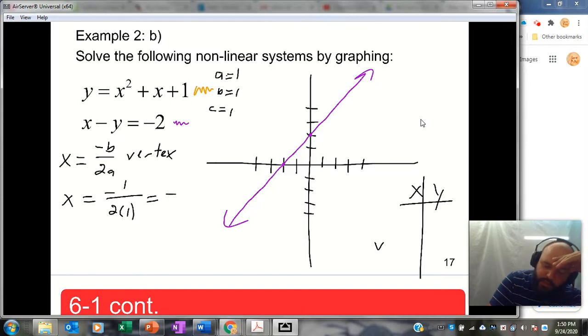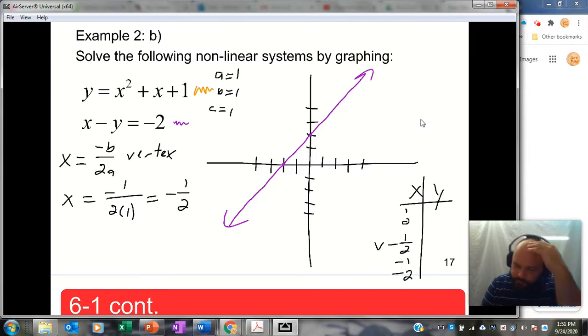So that gets me -1/2. So I'm going to write the value -1/2 in right there. And then I'm going to pick two numbers bigger and then two numbers smaller. So -1/2, then we're going to have 0, 1, and then we're going to go to -1 and -2.